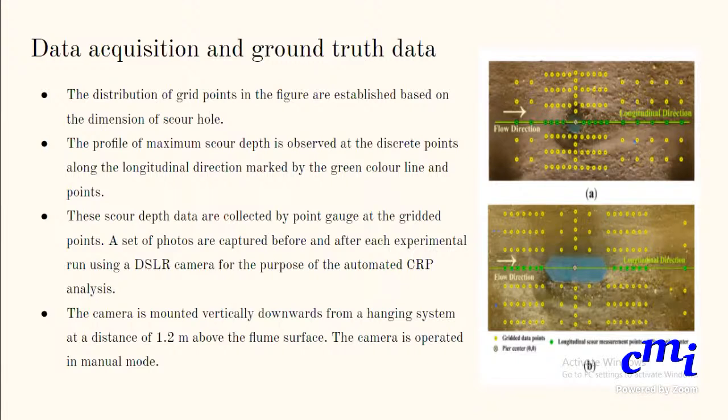The profile of the maximum scour depth is observed at discrete points along the longitudinal direction marked by the green color line. And this scour depth data was collected by the point gauge at gridded points. A set of photos are captured before and after each experiment run using a DSLR camera for the purpose of the automated SfM analysis. Okay, next.